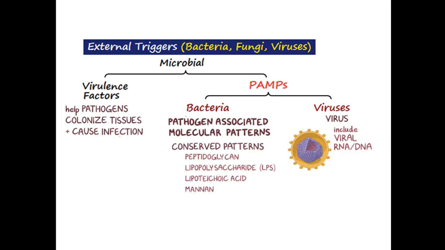So they are supporting the microorganisms to make infection and cause injury. But these microorganisms also have certain components which are known as pathogen associated molecular patterns, and these are in the form of red flags. Our immune system, our inflammatory cells, recognize these PAMPs.